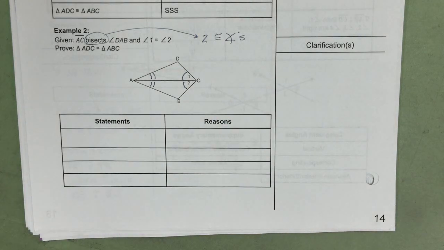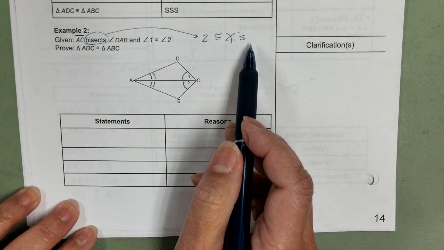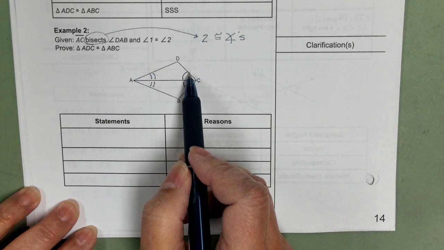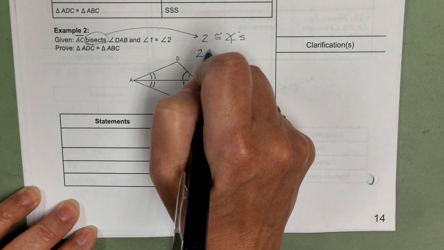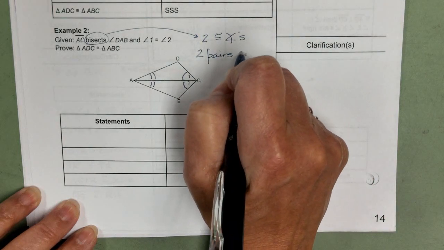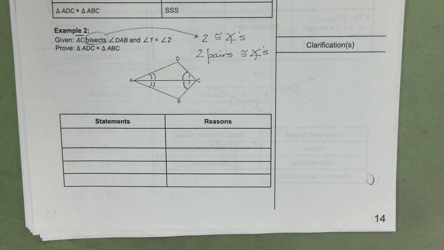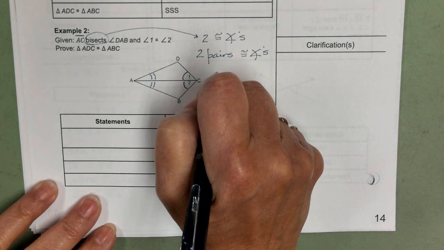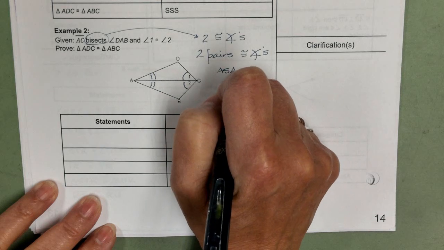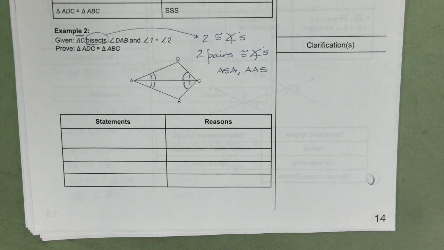And I have to put that information somewhere in my proof. All right, so I have two congruent angles, and I have another pair. So I have two pairs of congruent angles. So again, I look at my theorems for congruency, and the only two that contain two angles are angle, side, angle, and angle, angle, side. So now I'm going to look at my diagram again.